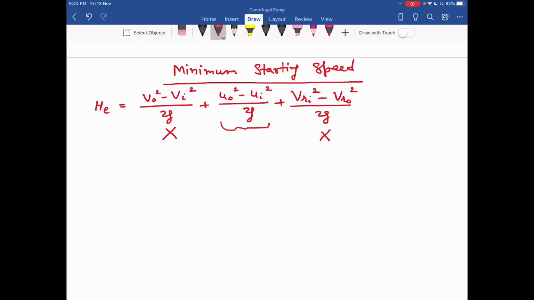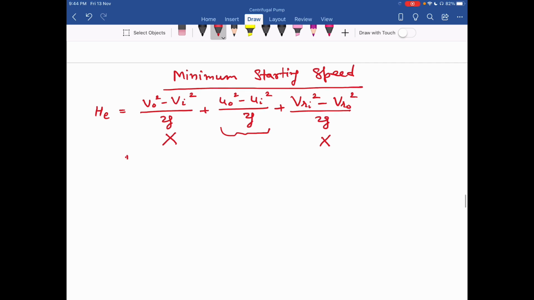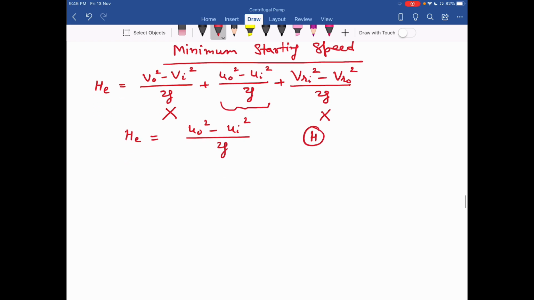So when we start the pump, the head developed, the Euler head, is only Uo square minus Ui square divided by 2g. So the minimum head required, if it is H, then I can write Uo square minus Ui square divided by 2g equal to H upon hydraulic efficiency.